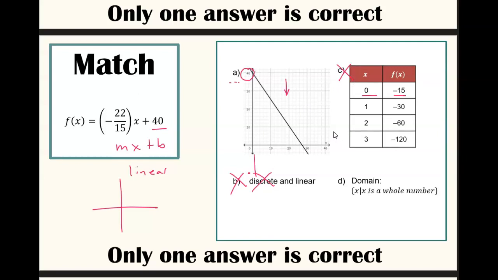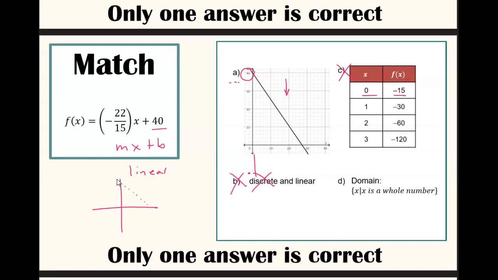And then on D, it says our domain is x is a whole number. Oh, but look, we already said this is continuous, right? So if it were discrete, we'd expect it to be whole numbers. Whole numbers would be discrete.